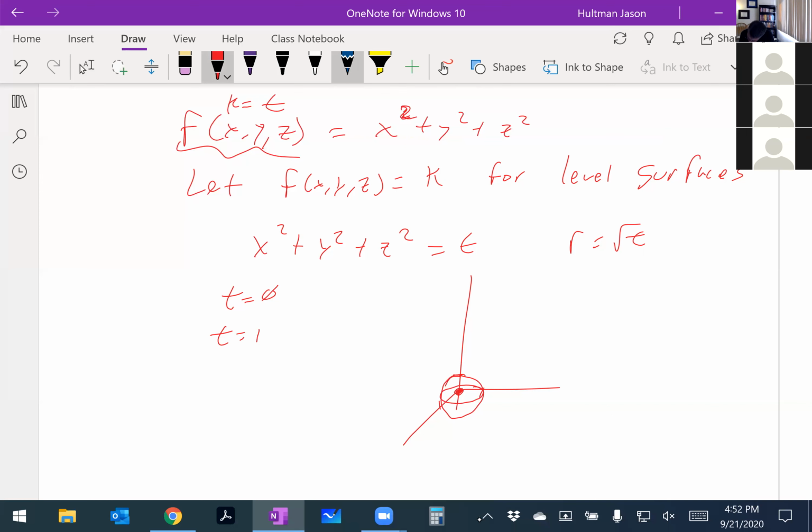Right, we're at a sphere of radius 1. What happens when t is equal to 4? What happens 4 seconds later? Where are we at? We're at a sphere of radius, or sorry, 3 seconds later, we're at a sphere of radius 2. Right?